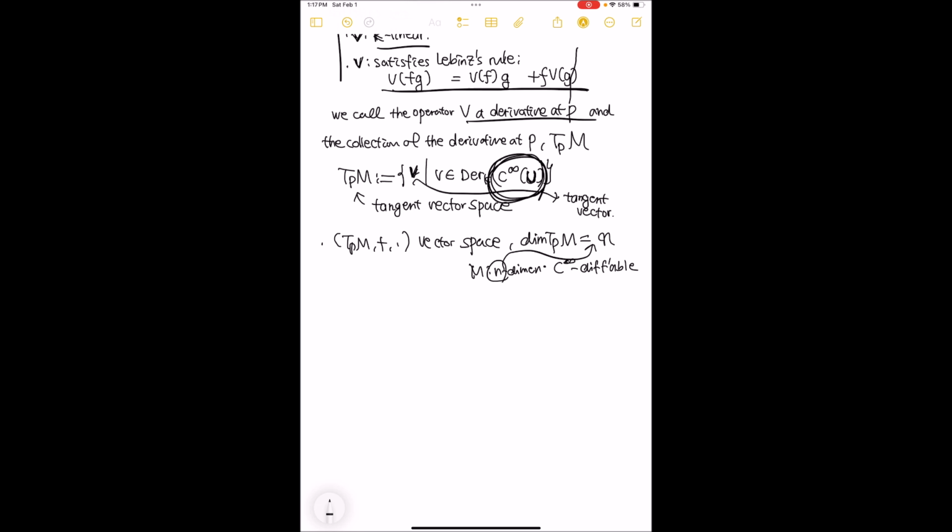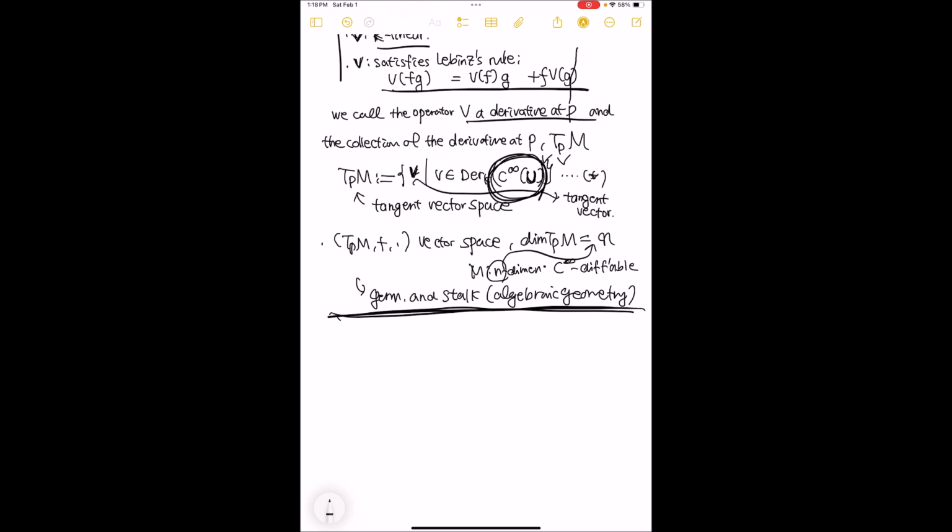So there is another definition to avoid this problem, the so-called germ and stalk in algebraic geometry. But that is even more abstract than this definition.